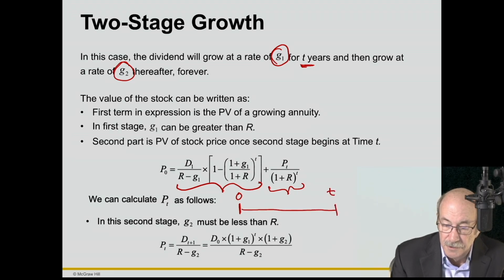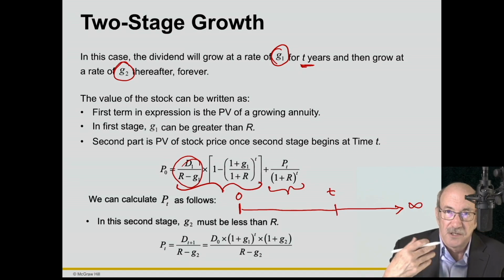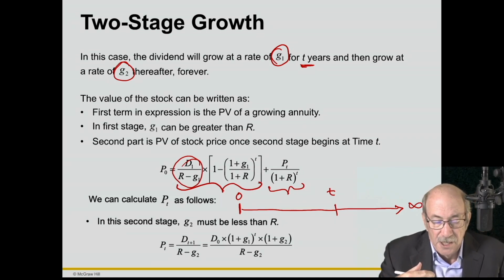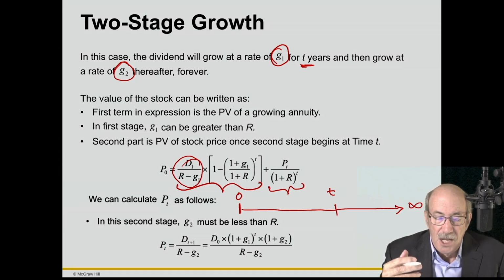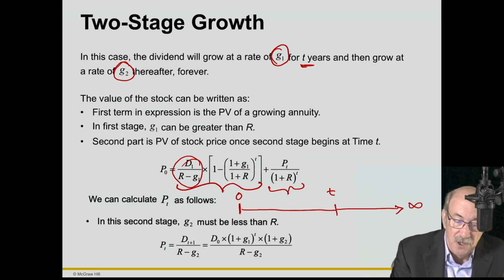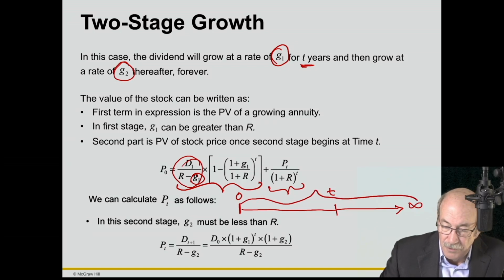Let's go out to T, and then we'll go out to infinity. All right, so this formula right here, that's the next dividend, and we're dividing it by R minus G. So actually, that's the value for a growing perpetuity.